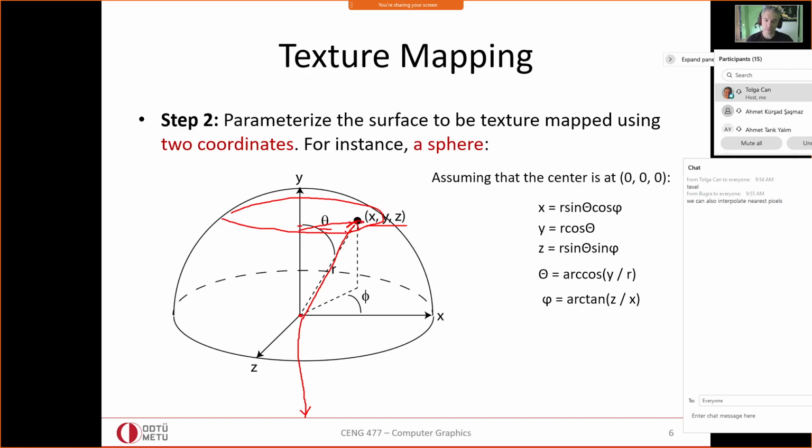I couldn't draw it nicely, but imagine this point is on this circle. So phi is just using the circle equation. And theta determines which slice you are currently on from the equator.